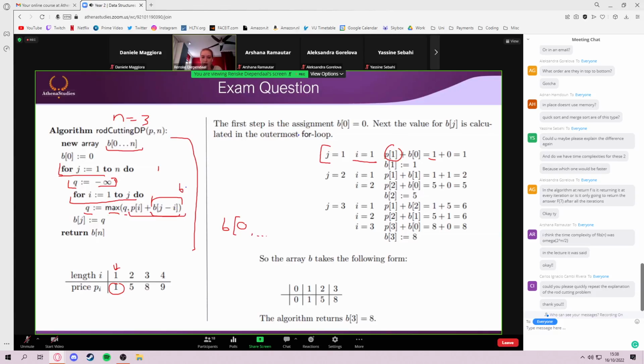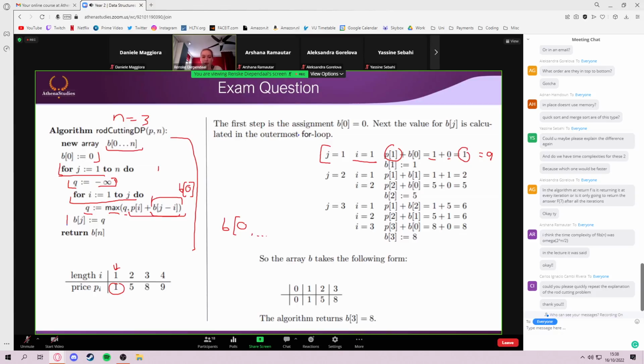So we check b[0], and we initialize this to be 0. So we say 1 plus 0 is equal to 1. And this is our next q. This is what we calculate to be q. Right, because q is the max of the other q, which is minus infinity, or this one that we calculated.